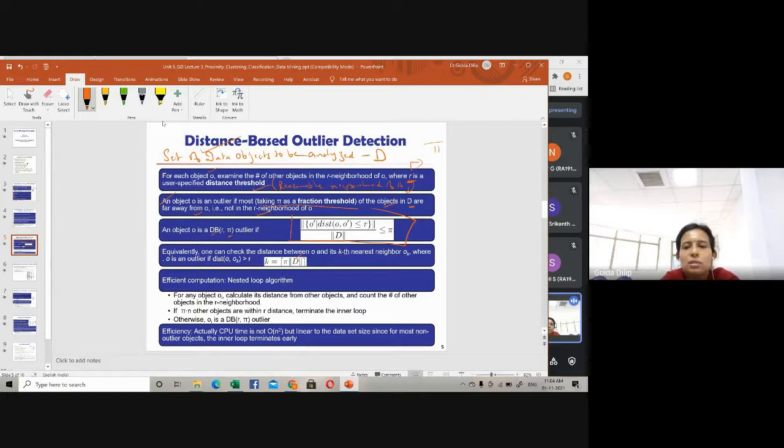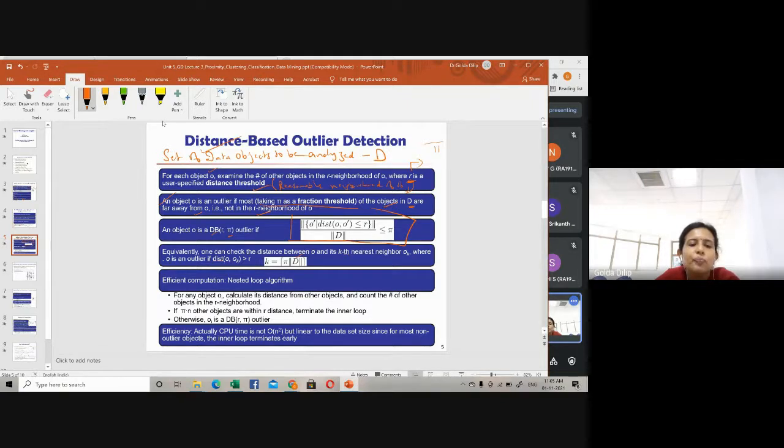This is actually a distance measure. The distance threshold R will always be greater than or equal to 0, and the fraction threshold pi will have a value between 0 and 1.